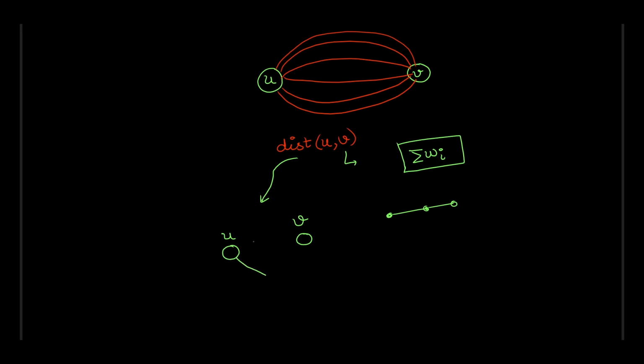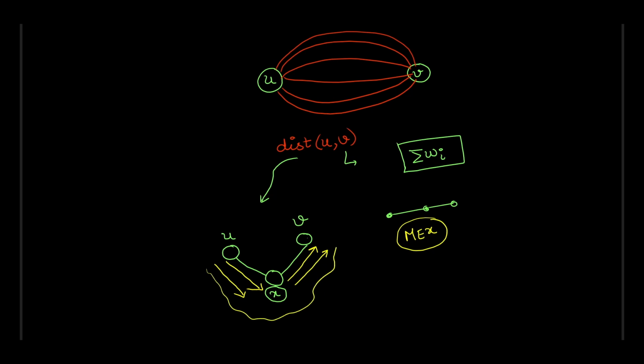This means that if you are going from u to v and you encounter a node on your journey, let's say x, and you take this node as your pivot, then if you want the shortest path from u to v, you should take the shortest path from u to x, and then the shortest path from x to v. But once MEX comes into the picture, this logic might not be true, because taking the shortest here greedily and then taking the shortest here greedily might actually increase the overall MEX.